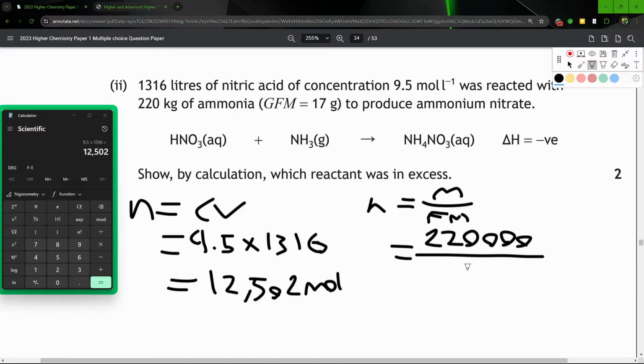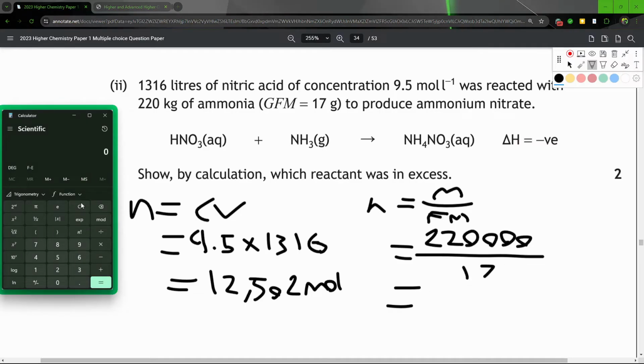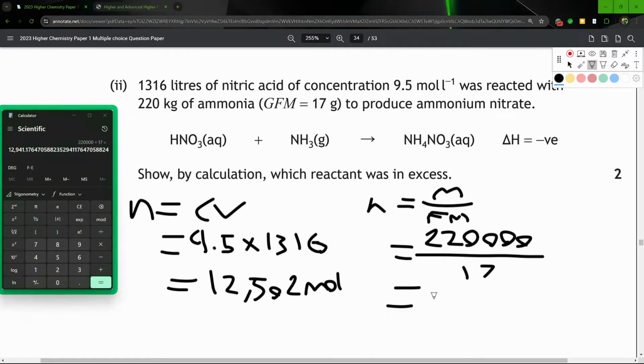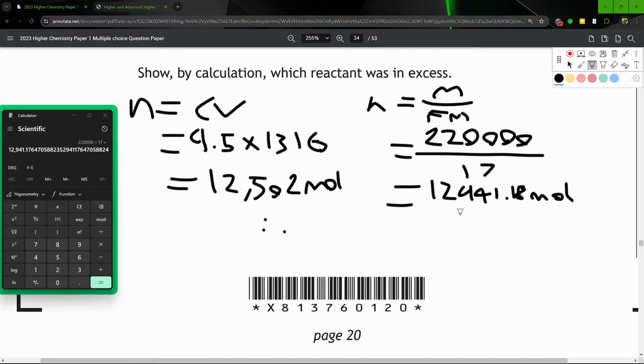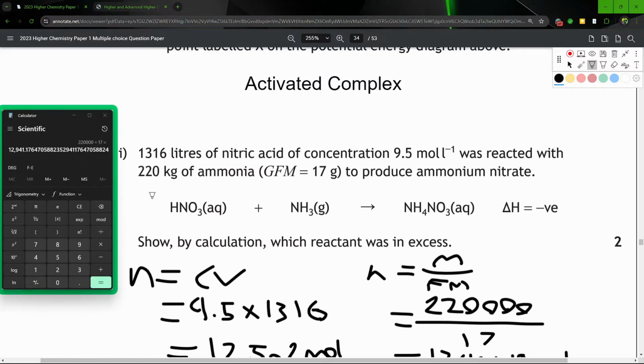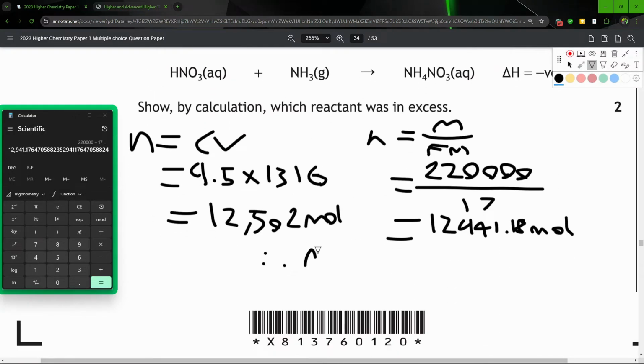And then the formula mass is 17. So that's what we want to put in. And that'll give us this horrific number. We can already clearly see it's going to be slightly higher than the other. So therefore, ammonia is in excess.